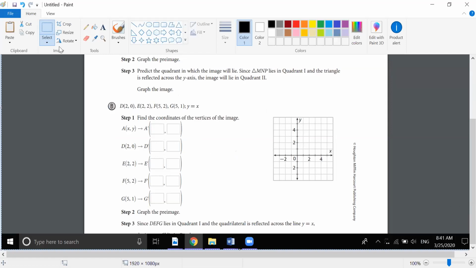First of all, I have the points. So the first thing I should do is draw these points. I have D equal to (2, 0). This is the first point.